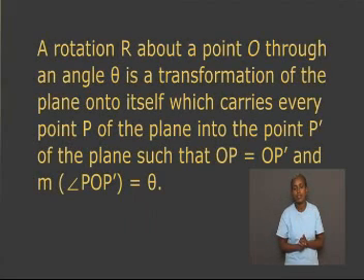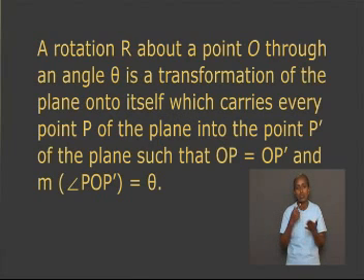A rotation around a point through an angle is a transformation of the plane onto itself, which carries every point P of the plane into the point P prime of the plane. It is such that OP is equal to OP prime and the angle POP prime equals theta.